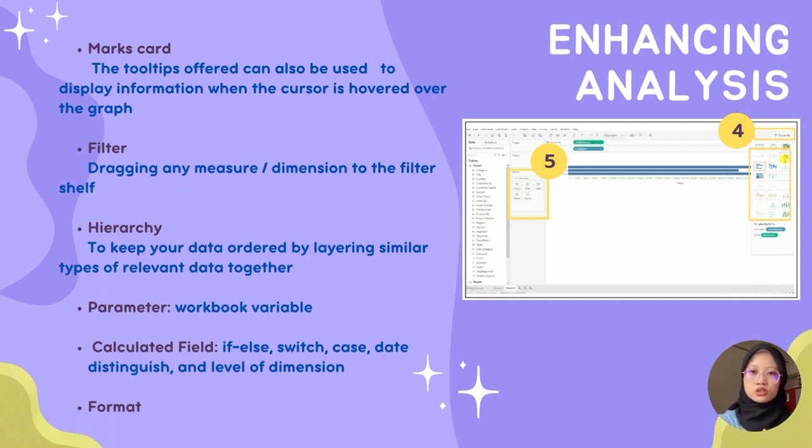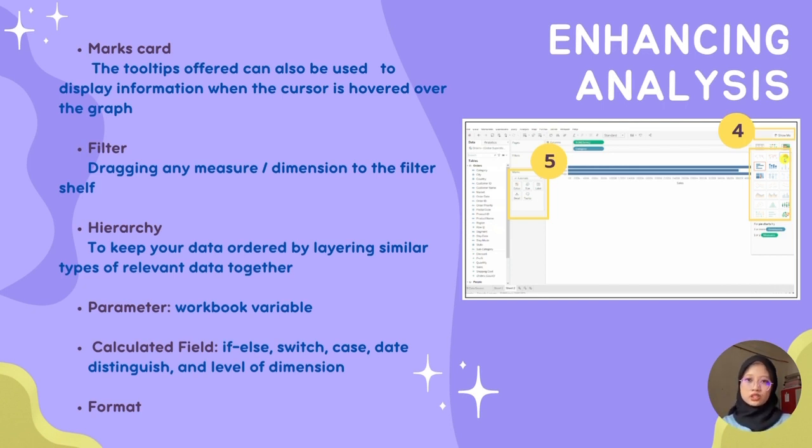The next one is parameter. A parameter is a workbook variable in Tableau, which can be a number, date, or string that the user can easily manage to substitute a constant value in a calculation.